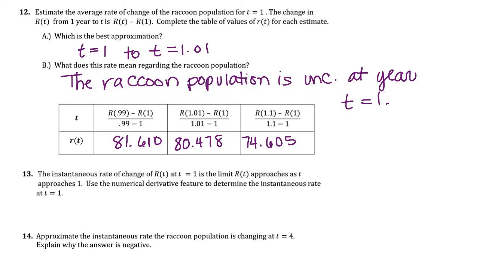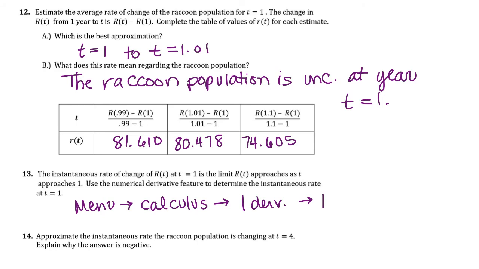So that numerical feature that this is talking about on the calculator, if you will go to menu, and then you're going to select calculus, and then you're going to have just your first derivative, and then it may also ask you for a value, and so that value that you would put in is 1.